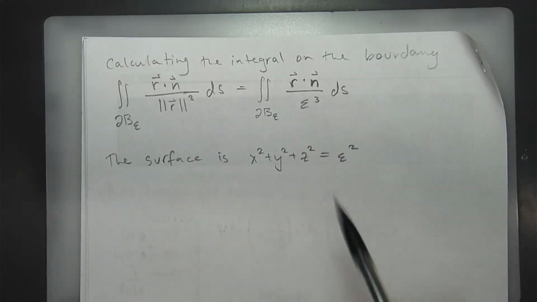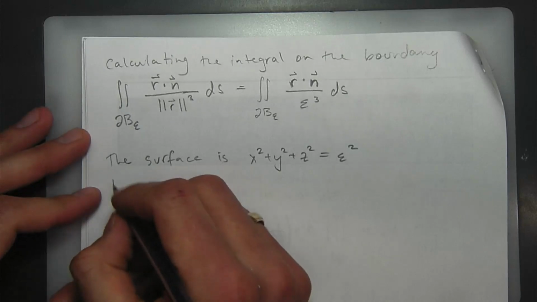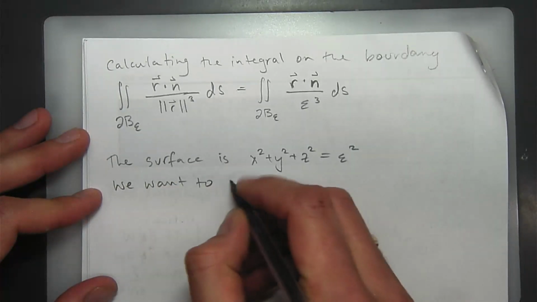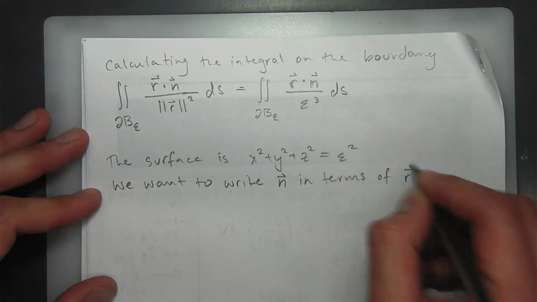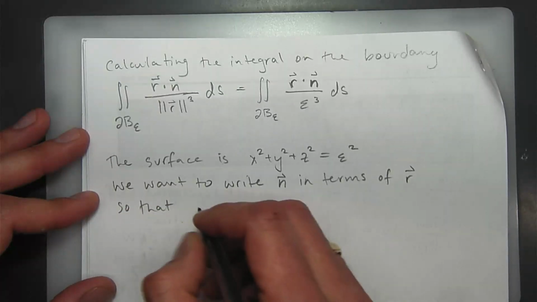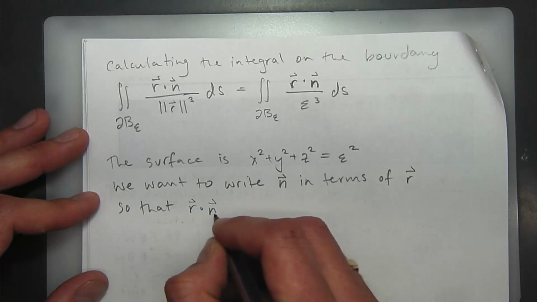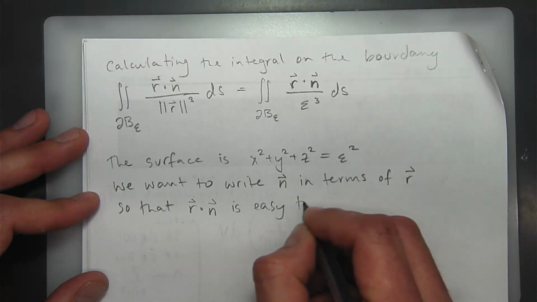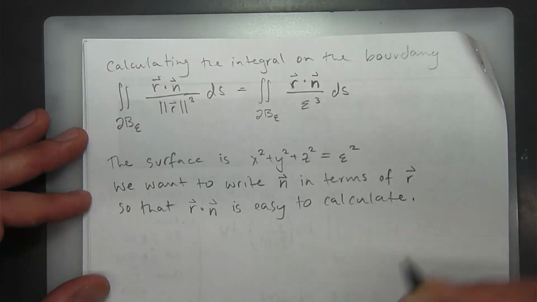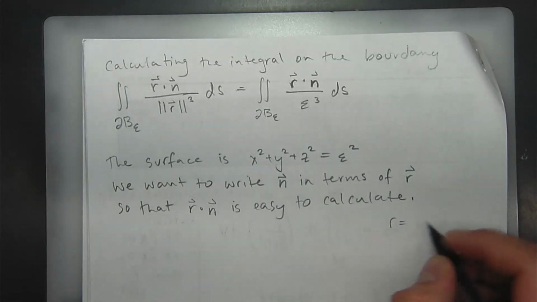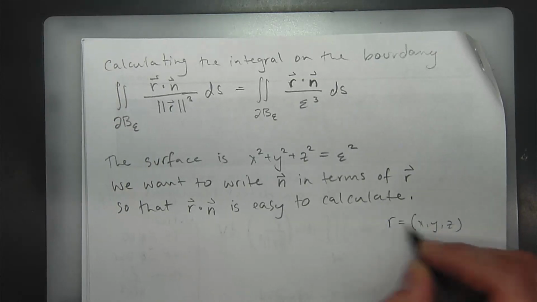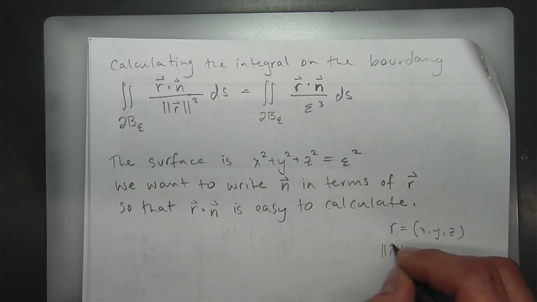So we want to rewrite our normal vector somehow in terms of R. So R is x, y, z, and its norm is epsilon.